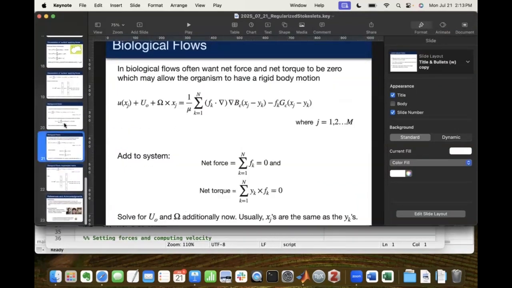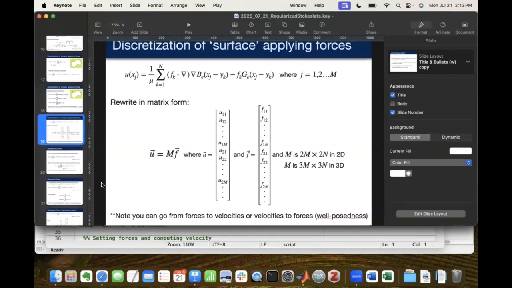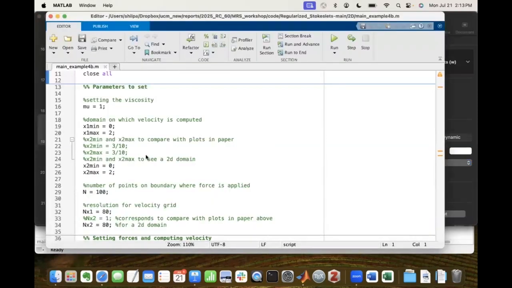In our matrix here, I'm in the case where I'm working in 2D. And so in this case, my M is 80 times 80. It's the M points that I'm solving for the velocity on. And N here is the 100 on the circle.